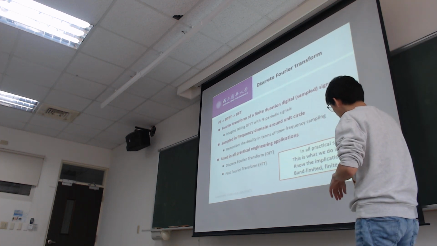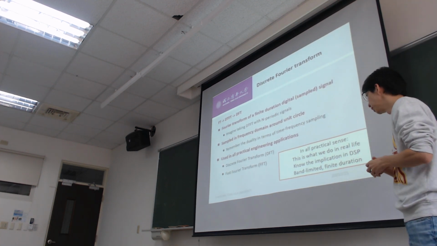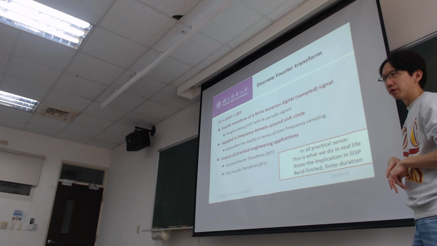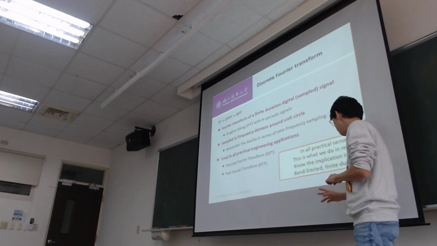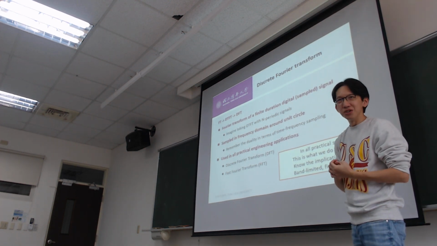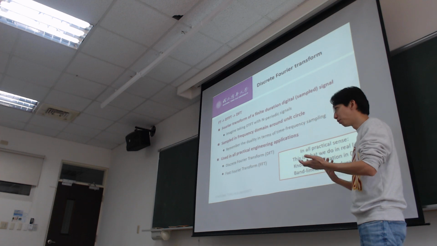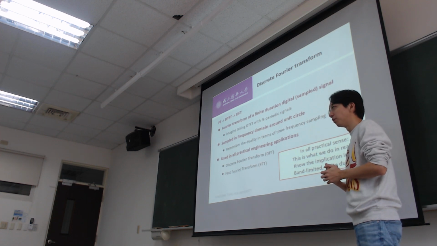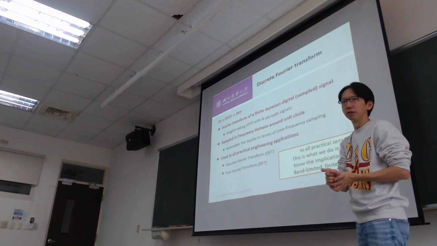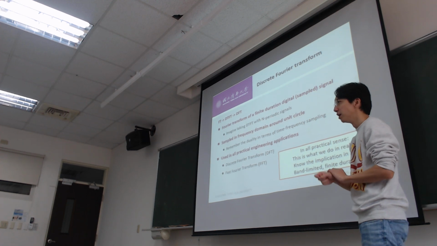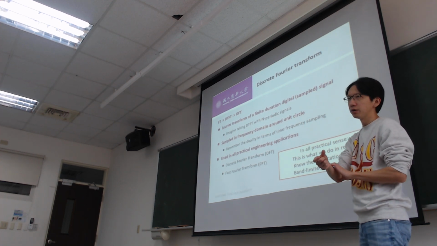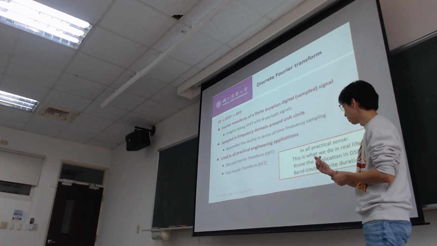But anyway, in real life, we always make many assumptions, very limited assumptions: finite durations. Those things are practical when we operate on signals, so we take a small chunk of signal, every 5 seconds, every 20 milliseconds, and try to analyze it. So it's finite duration, and the Fourier transform exists.